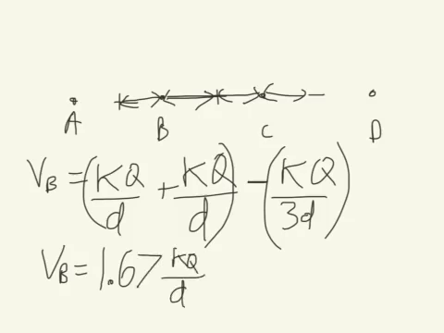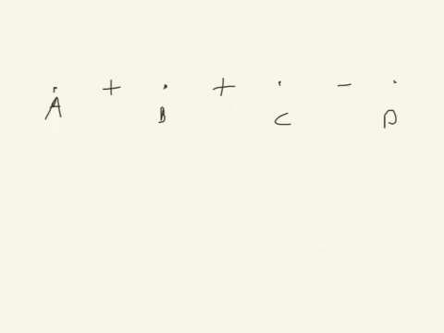KQ over D's. So now our last thing to do is put also the potential at points C and D in terms of the number of KQ over D's. I'm going to skip finding the potential at point C. I'm going to go right to point D, because I think it's kind of clearly the lowest potential, because it's nearest to the negative charge and farthest from the positive charges. Its potential from this positive point charge is KQ over 5D, because it's 5D away.